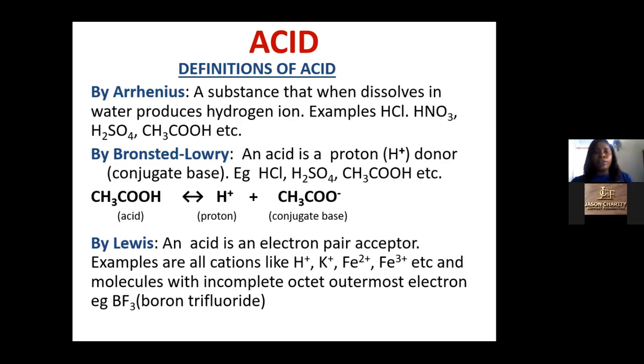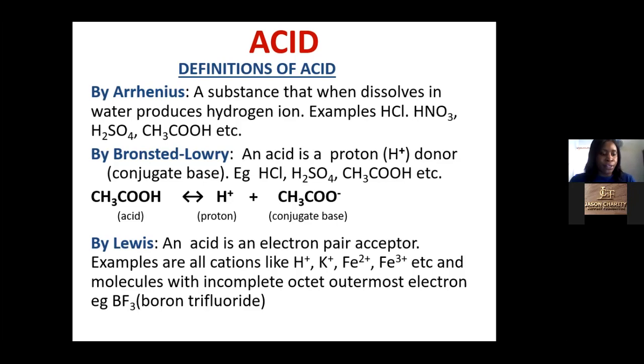We also have tetraoxosulfate 6 acid, which is H2SO4. And then we also have ethanoic acid, that is CH3COOH. So these are examples of acid. So he gave the definition that an acid is a substance that, when dissolved in water, produces hydrogen ion as the only positively charged ion.